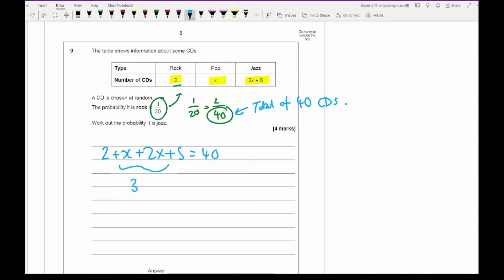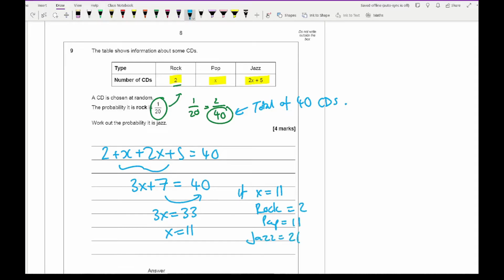Simplifying all of this, I get 3x plus 7 equals 40, and then take the 7 over to the side, in which I get 3x equals 33, so x equals 11. So if x equals 11, then the number of rock, we've already been told, equals 2. Pop is going to be 11, and jazz is going to be 2 times 11 plus 5, which is 27.